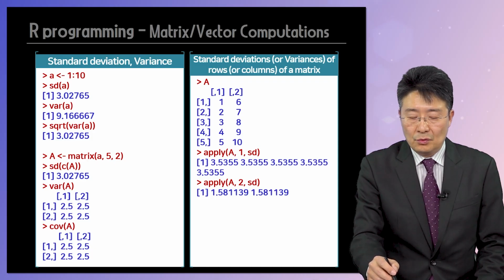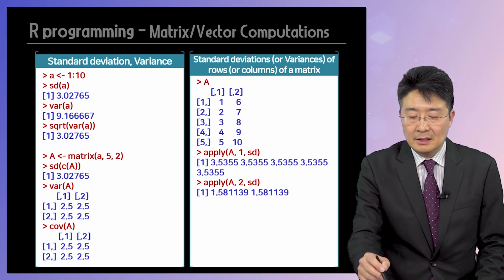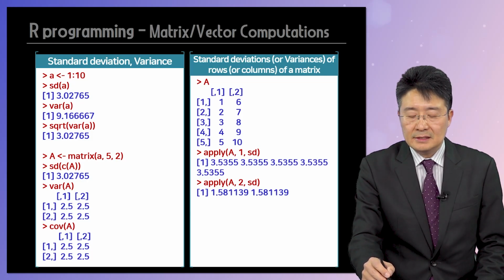So we put the matrix A and we want the standard deviation by columns. In this case, we can calculate the standard deviation by rows if you put 1.